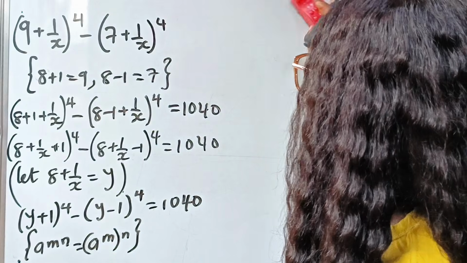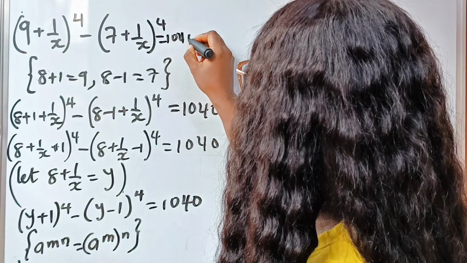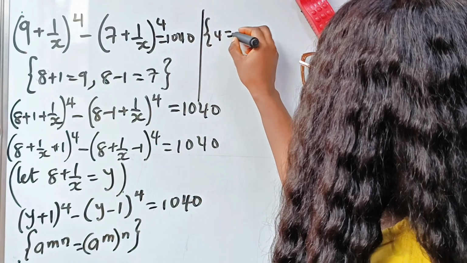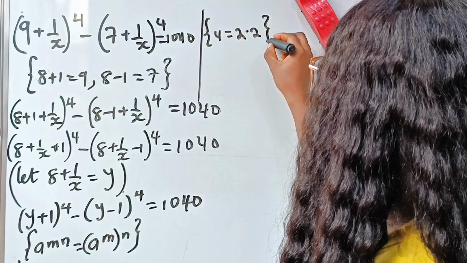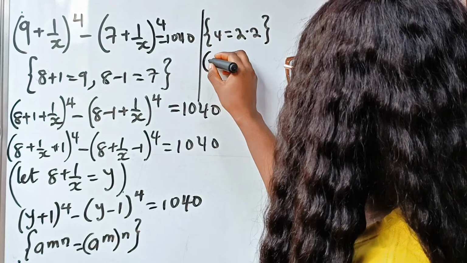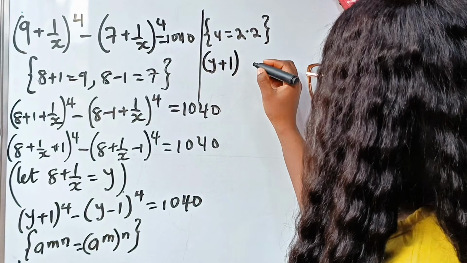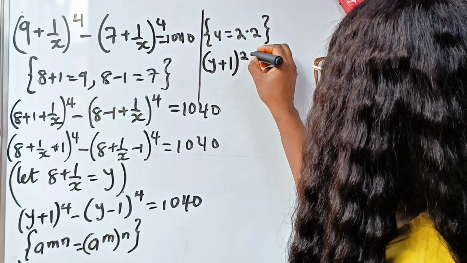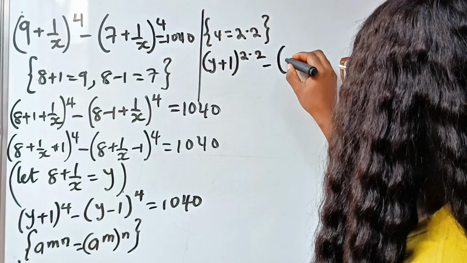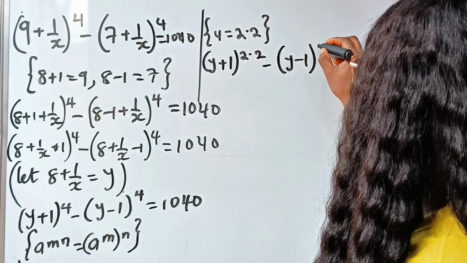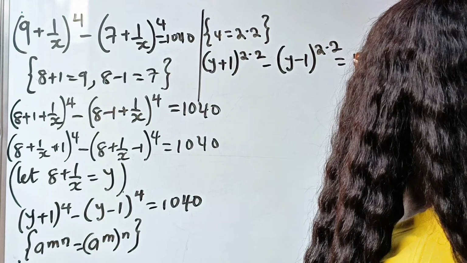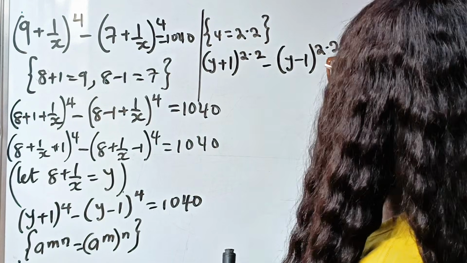Because of that, I want you to note that 4 is equal to 2 multiplied by 2. So we can express this as y plus 1 raised to the power of 2 multiplied by 2, minus y minus 1 raised to the power of 2 multiplied by 2, is equal to 1040.